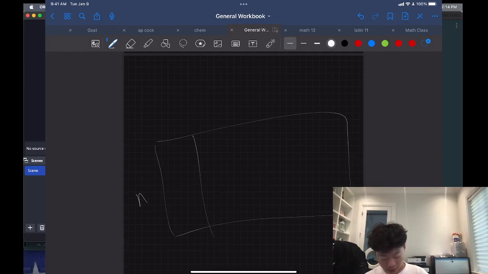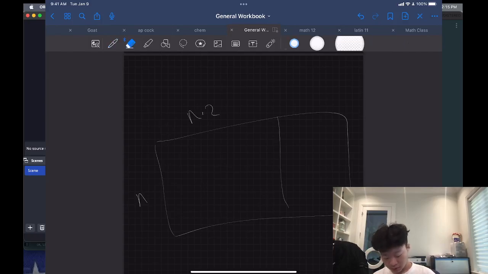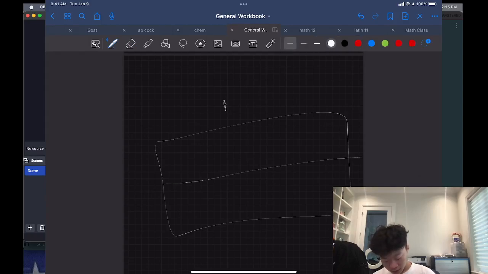This will be n, this will be n divided by 2. That's one way you can do it. What's the second way? This is n times 2. Or you can get rid of it like this. This is m divided by 2. Those are the only 3 ways you can do this.